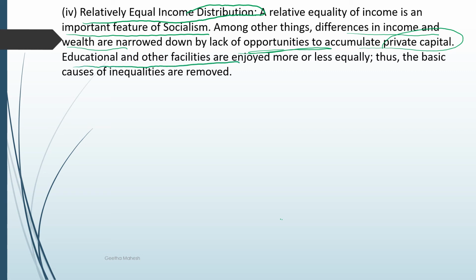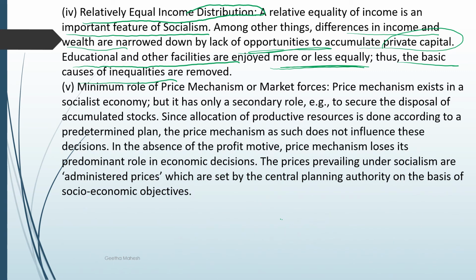Education and other facilities are enjoyed more or less equally by all the people, and the basic causes of inequality are removed. The minimum role of price mechanism or market forces.